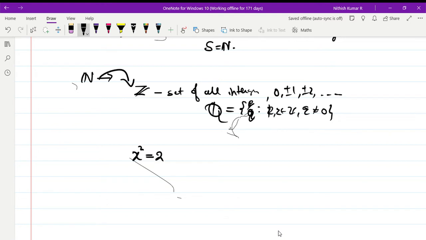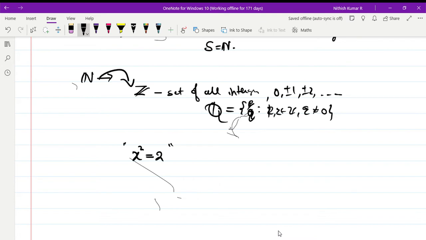Now the question is whether this is solvable in N or Z, or, since N is contained in Z and Z is contained in Q, whether this x square equal to 2 is solvable in Q. That means whether there is an x belongs to Q such that x square equal to 2.